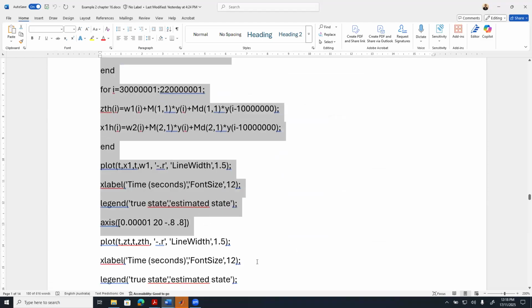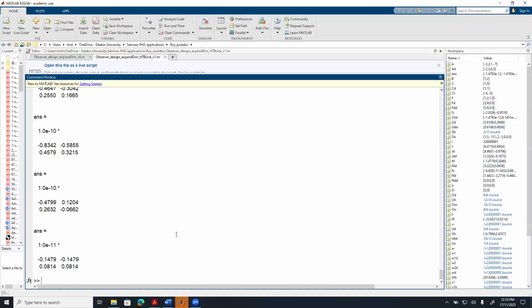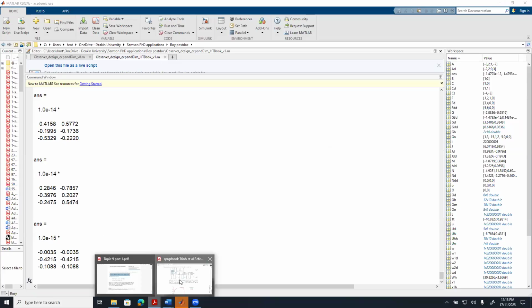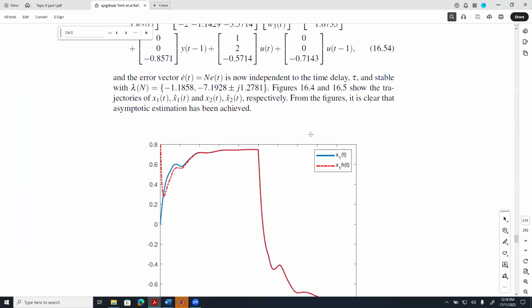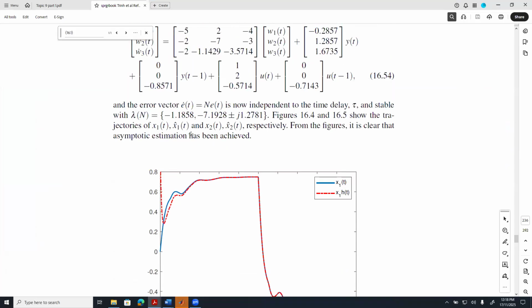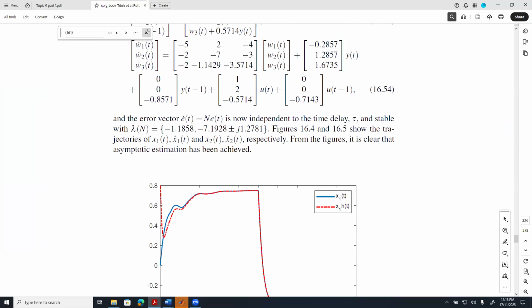And so that shows the generality of our design approach. We will just wait for the simulation result to come up. This is just basically telling us that yes, we can actually design a third order observer for it.